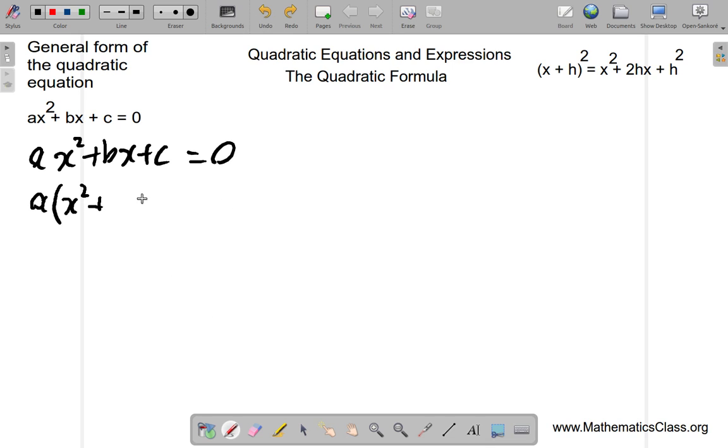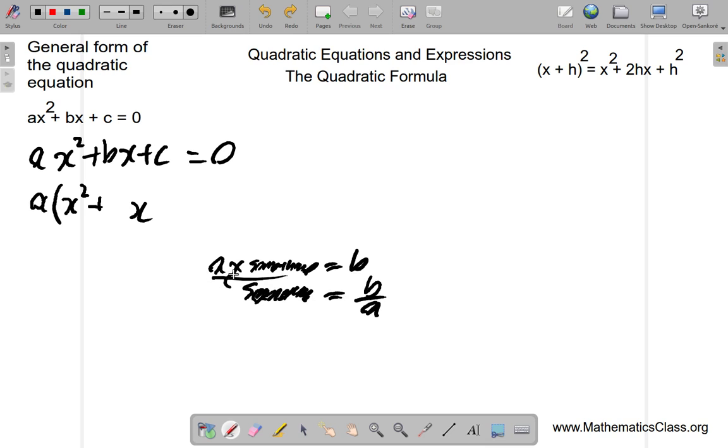Plus something times x. A times what you were going to write in front of x will give you b. What is it that you're going to write in front of x? A multiplied by something gives you b. So if a multiplied by something equals b, then that something, whatever it is, is b over a.